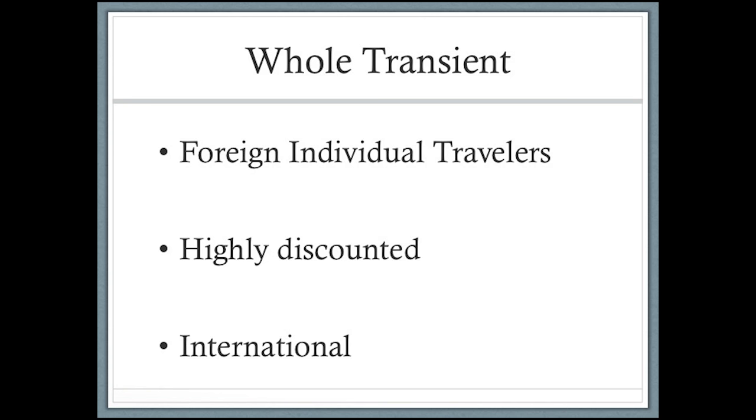Next we have our wholesale transient market segment. These are known as FIT, foreign individual travelers. They also pay a very discounted rate, but they are strictly international. I'm still testing them out to see if they're even adding value to the hotel, but regardless, it's another segment.